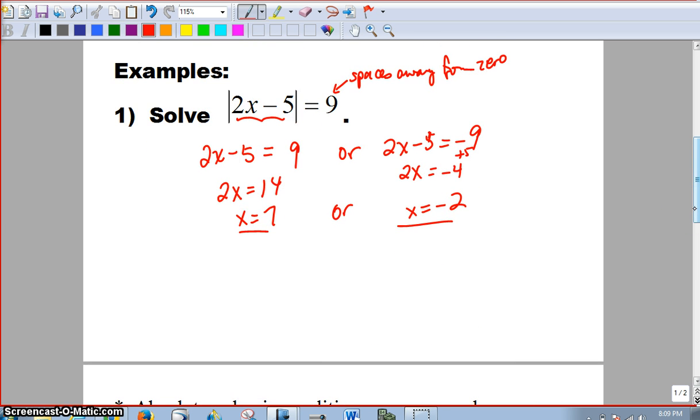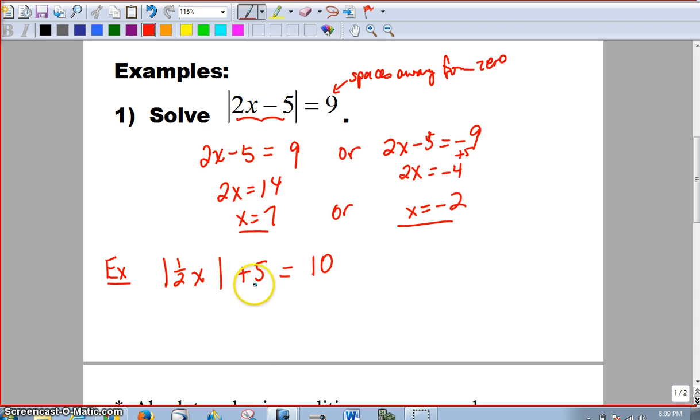Okay, so we're going to look at one more example before we go on to the inequalities. If we come across something like this, where the absolute value sign is not by itself already, like it was in the first example, the first thing that we want to do is get the absolute value sign by itself before we write our two equations.